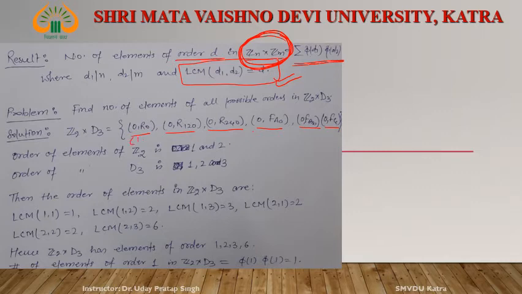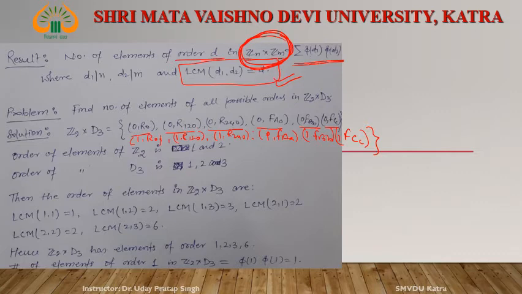Similarly 1R0, 1R120, 1R240, 1Fa, 1Fb, 1Fc. Right? This is Z2 cross D3.